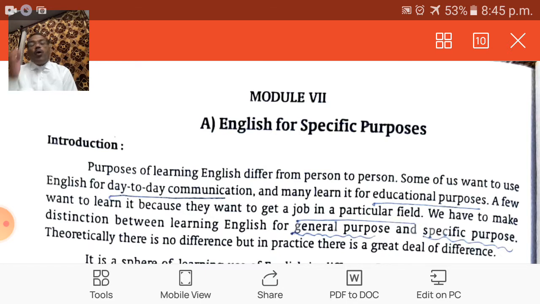Some people want to use English for their day-to-day communication, some use it for their educational purposes, and some want to learn English because it is very important to get business, to get a job in a particular field.